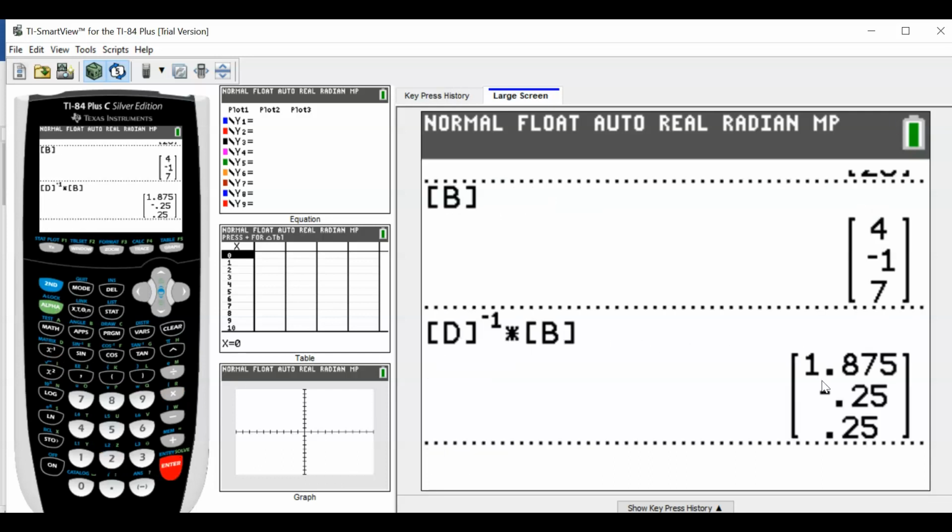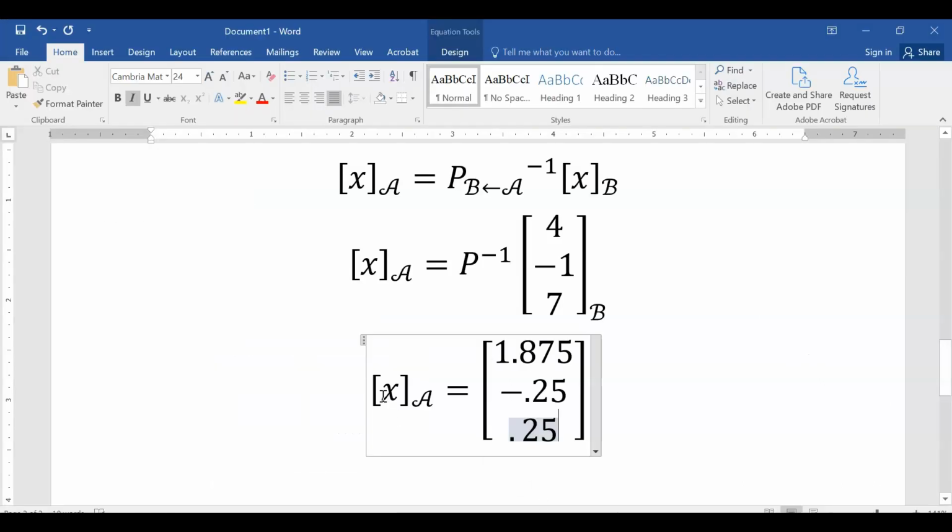And there you go. 1.875, -0.25, and 0.25. So our final answer there is that the vector x written with respect to basis A is 1.875, -0.25, and a positive 0.25.